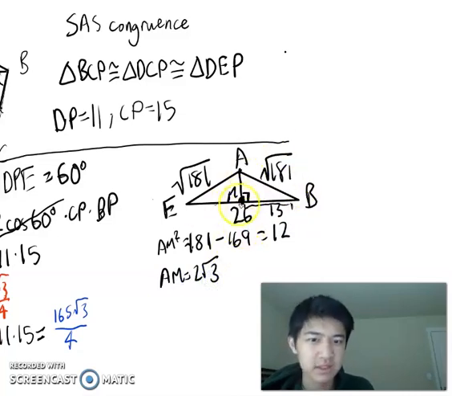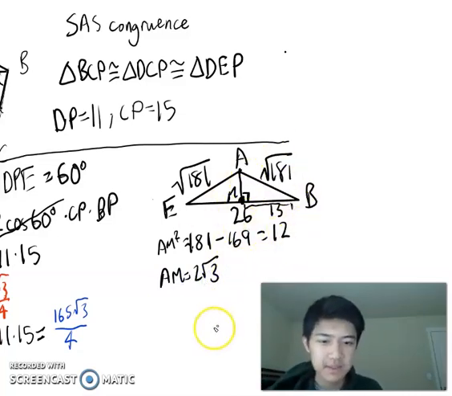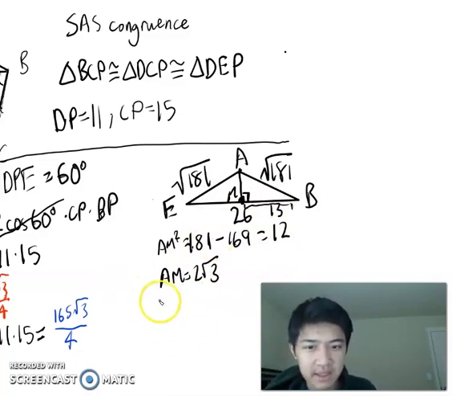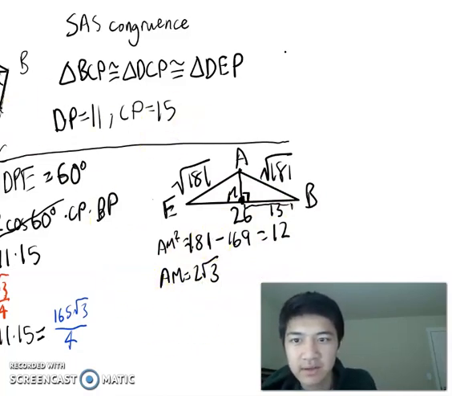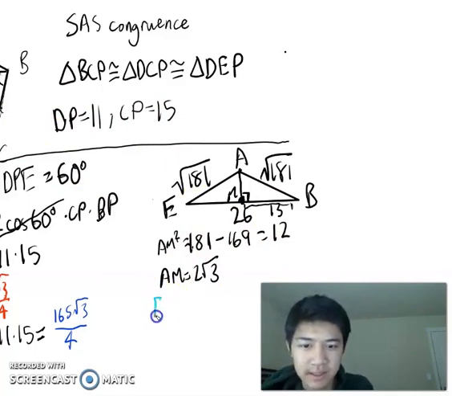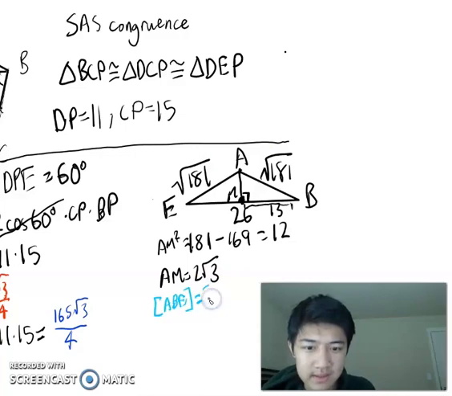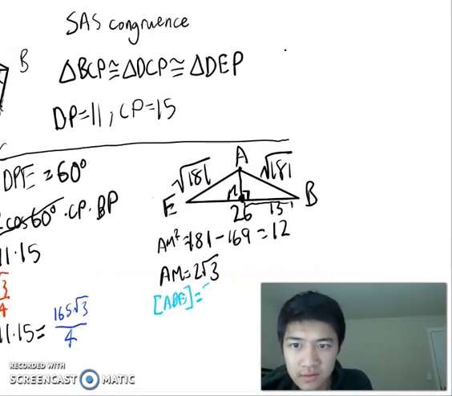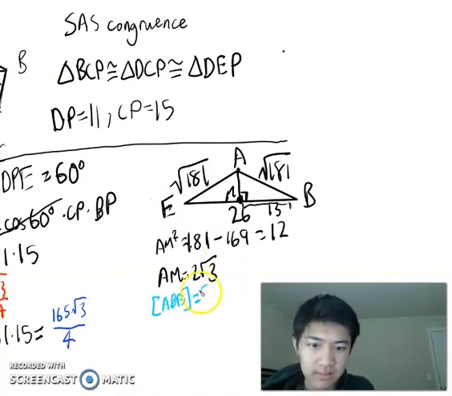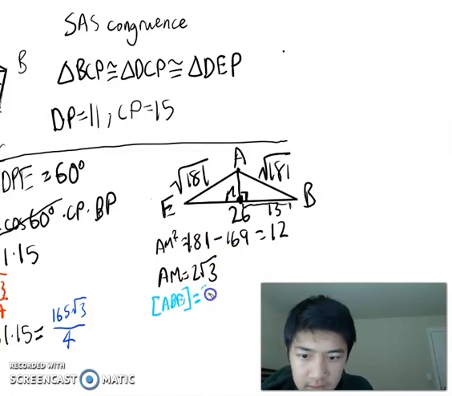Once we have that AM is 2 root 3 and we have the base, we can just do 1/2 times base times height, and we should get that the area of ABE is equal to 26 root 3.